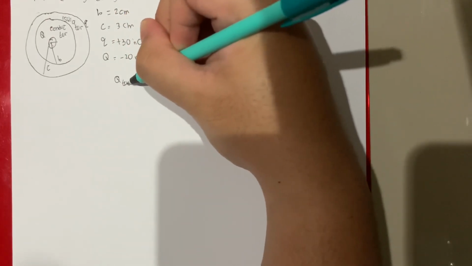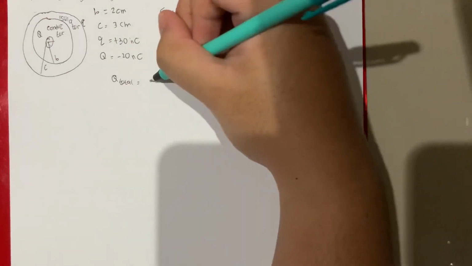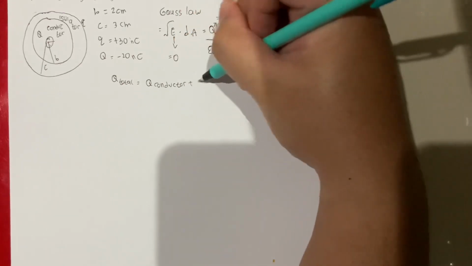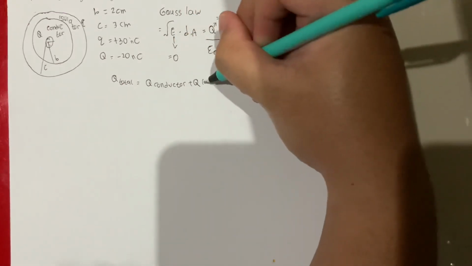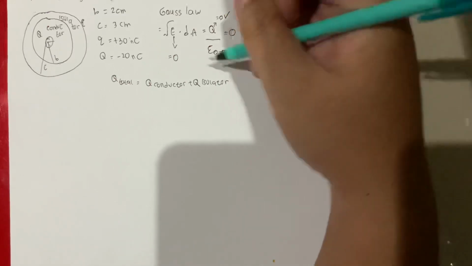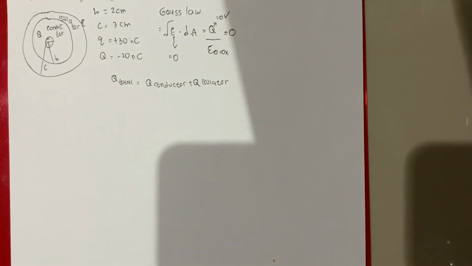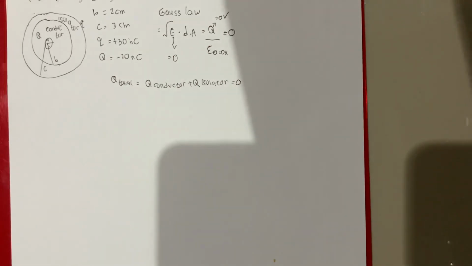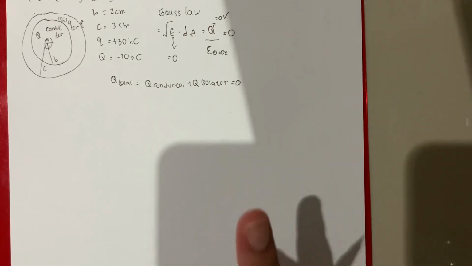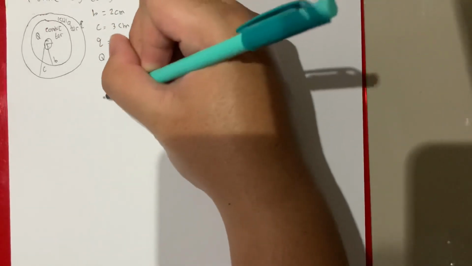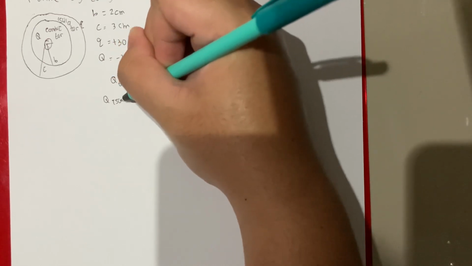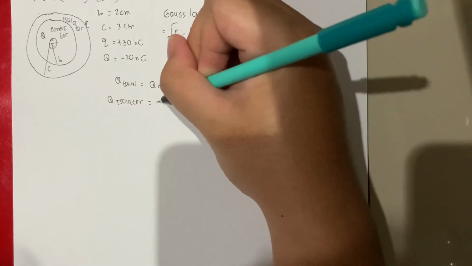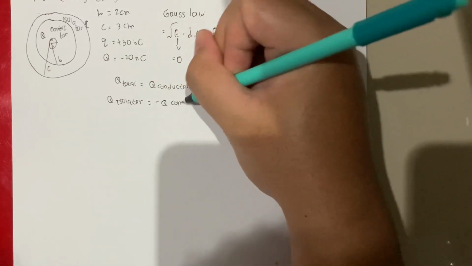We have to use the Q total equation, which is the Q conductor plus the Q isolator. This Q total we also have to put equal to 0, because we're going to find the electrical field which is equal to 0. From the Q total equation, we know that the Q isolator is equal to the minus of the Q conductor.